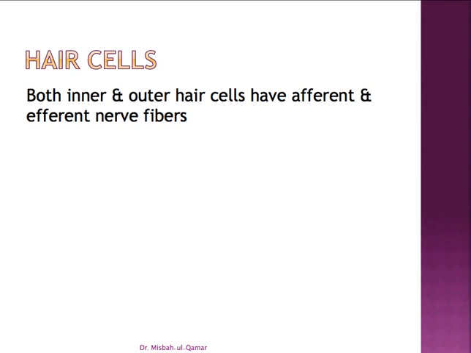Sensory nerve fibers are distributed around the cell bodies of these hair cells, and both inner and outer hair cells have afferent and efferent nerve fibers. The afferent nerve fibers are shorter, while the efferent nerve fibers are long, carrying the signals all the way to the CNS.